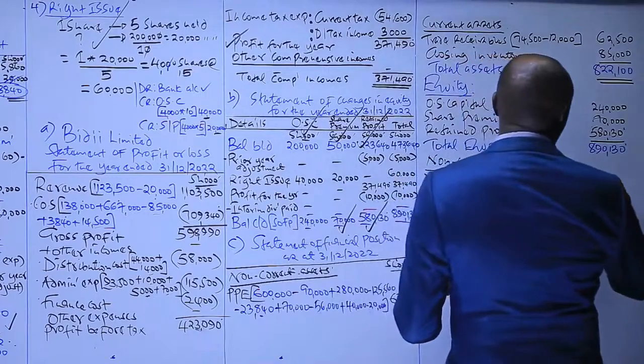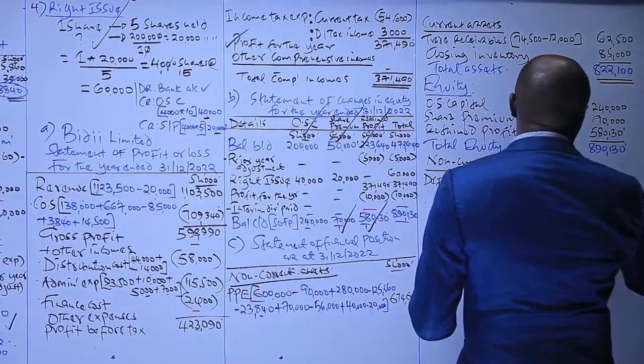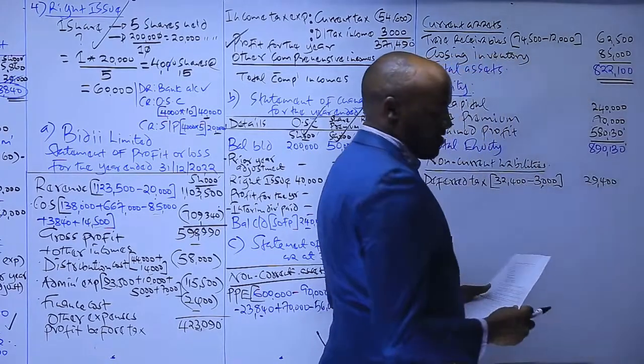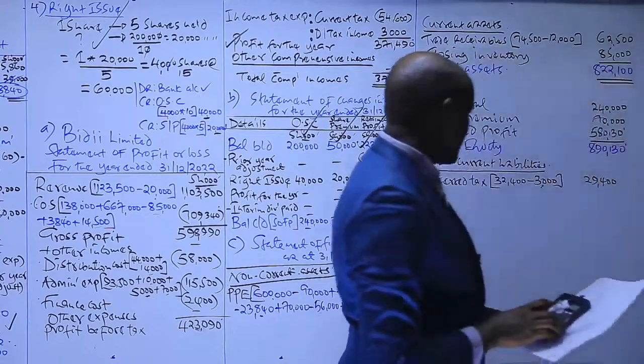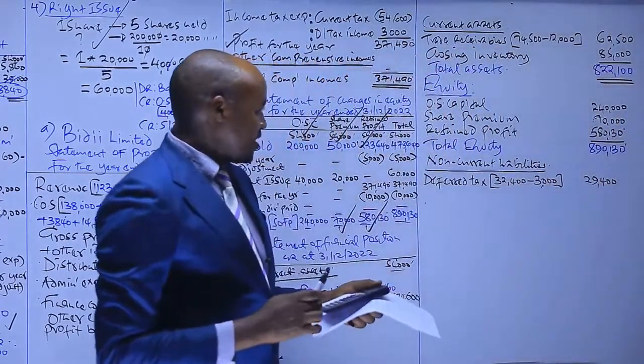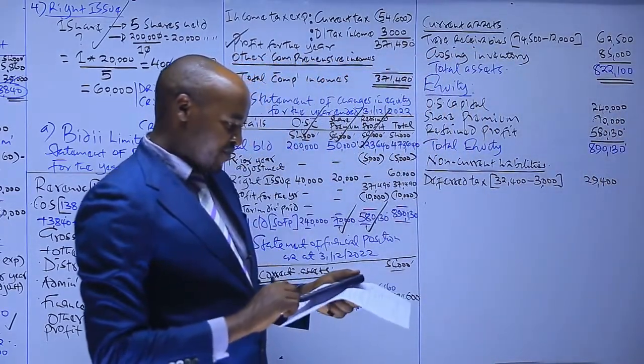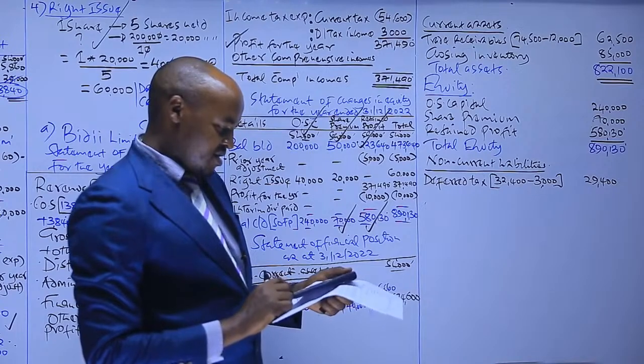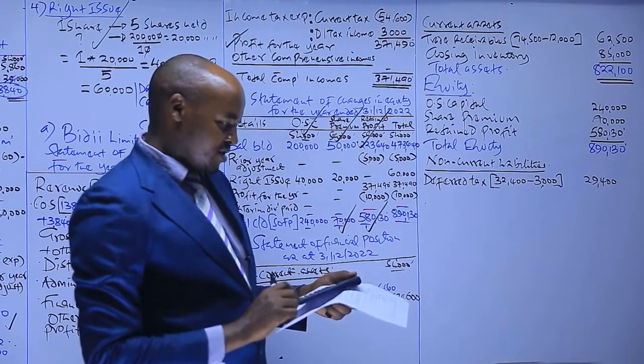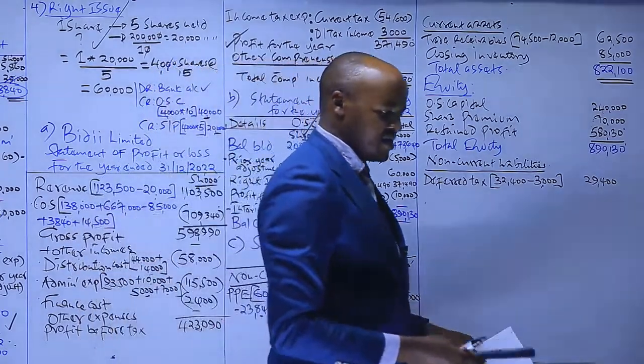So this will give us 29,400. And equally we can confirm whether that working is correct. 32,400 minus 3,000. Yes, that will give us 29.